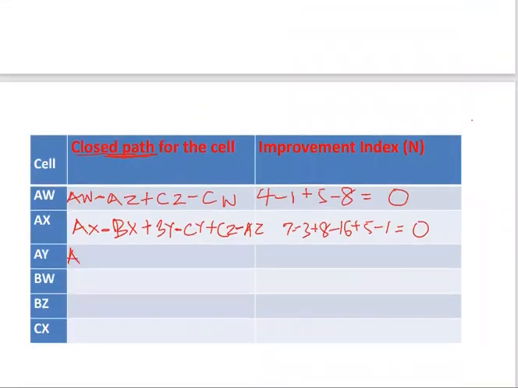Okay, we move from AY to where? CY. CZ. So what would that give us? 7 minus 16 plus 5 minus 1.